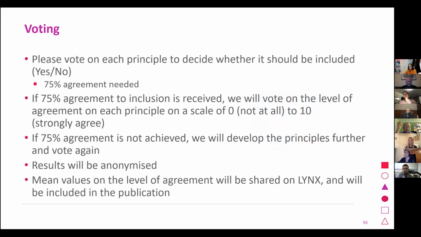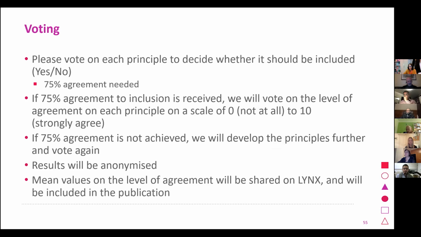We can also have a scale, as I already said. And if this agreement is not achieved, we will discuss, redefine the wording, and then vote again.